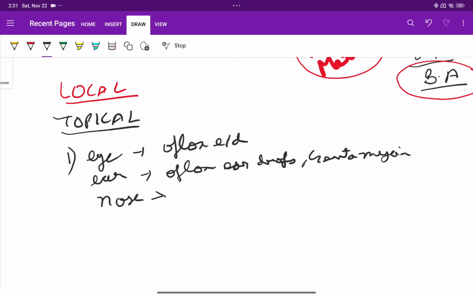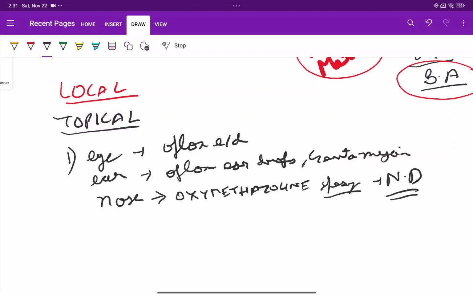For the nose, we already know a famous example like the Otrivin brand, oxymetazoline. It is a spray or drops. It is a nasal decongestant. These are the topical routes given for the eye, ear, and nose.